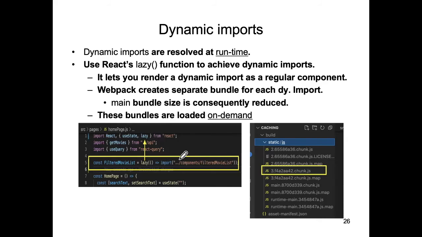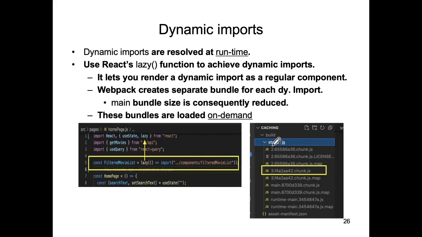But the effect now of this dynamic import, so this is a dynamic import implementation, from a bundling point of view, which I'm showing you over here on the right, is that I now have a new bundle, and the bundle names are just going 2, 3, 4, 5, 6. So this bundle here, whose name is 3 and has a hash value as before, is now going to contain essentially the code associated with this component here and any of its children.